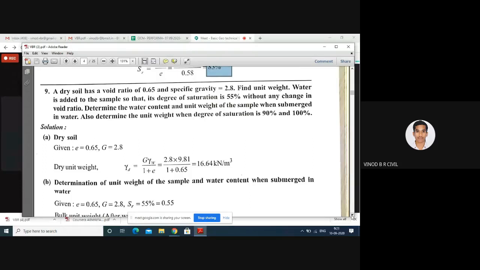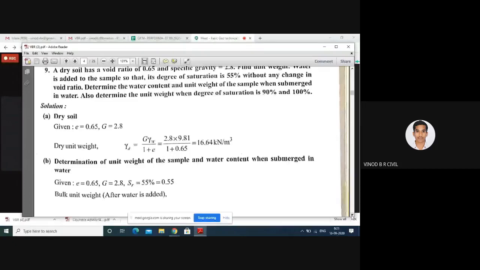The next condition is degree of saturation 90%, void ratio also 0.65 and specific gravity 2.8. You have to calculate gamma B. And the next one is completely merged in water, lake soil, saturated soil. First is football ground soil, second is garden soil, and next is lake soil. You have to calculate gamma D, bulk unit weight gamma B, and saturated unit weight, gamma saturated.